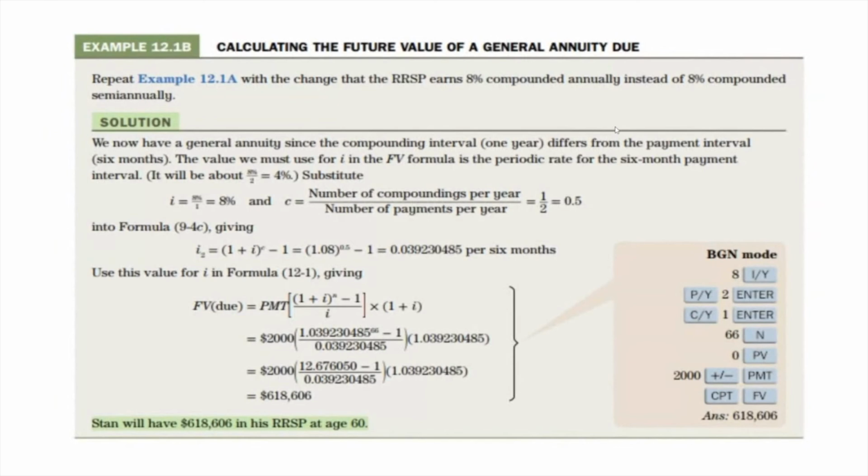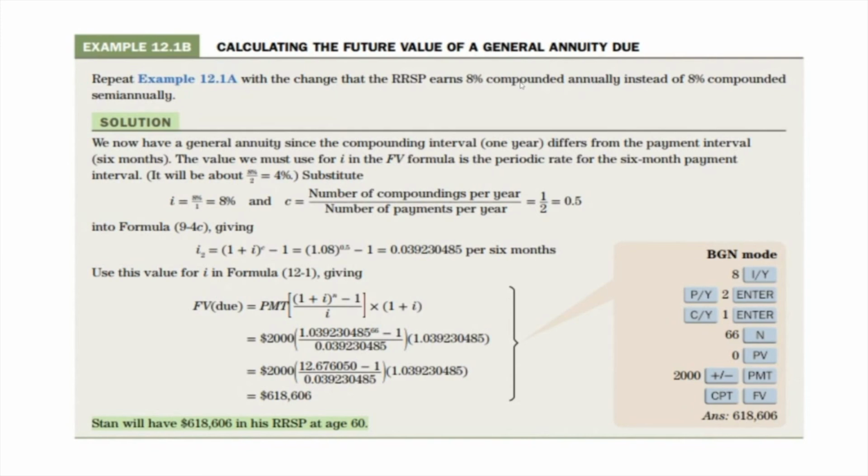If we look at this next example that you'll find in your book, repeat example 12.1 with the change that the RSP earns 8% compounded annually instead of 8% compounded semi-annually. So here we've got a situation where the 8% is compounded annually.